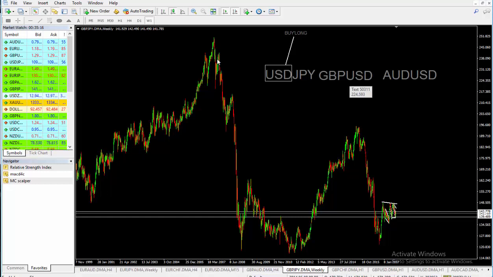So what you should do is look at this quote currency and say, okay, fine. Now the base is GBP. This one, the quote currency, is the USD. So remember previously we said that this one is going to gain strength, so we bought the dollar. So here, if the dollar is going to gain strength, it means that the GBP is going to fall.